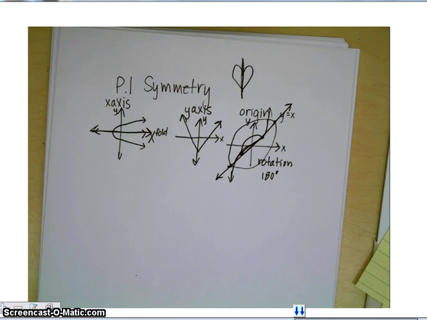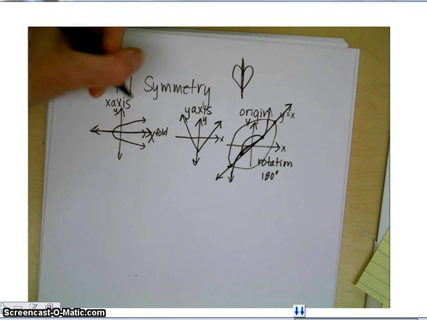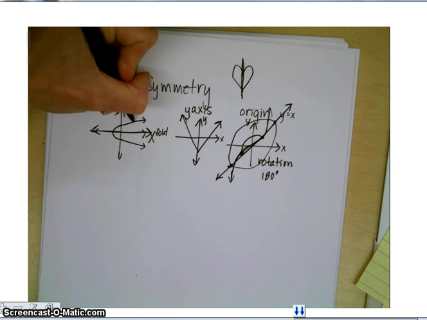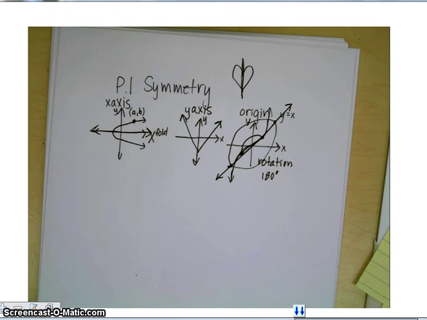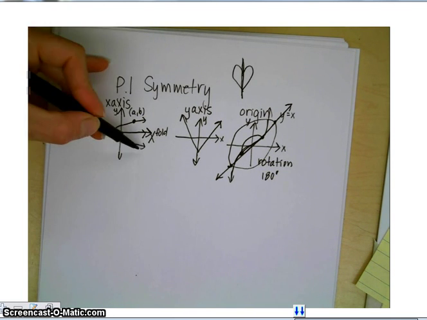Now if you want to be able to find symmetry algebraically, which is very typically the way you want to do it if you don't always have a graphing calculator by your side, you can do it algebraically, or you could sketch a graph of this and see if there's symmetry. So actually we're going to use both of these methods, but I want to give some notes first. If it's x-axis symmetry, let's say I have a general point A comma B. Is A comma B on that curve right there?